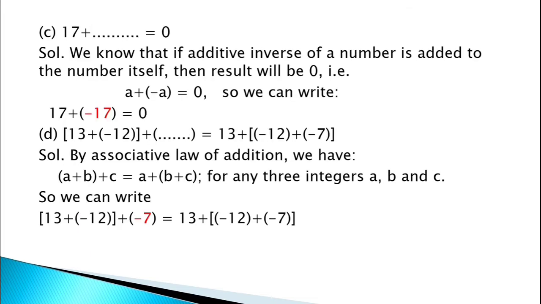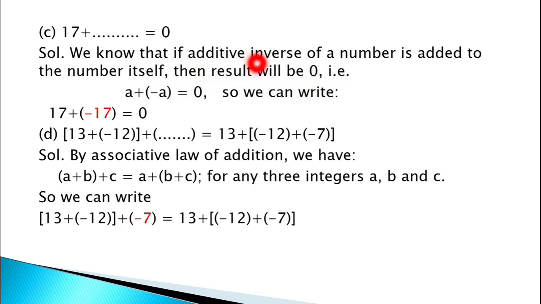Now in part C, it is given 17 plus a blank and the result is 0. It means in this blank we have to add such an integer which cancels out the given integer 17, and such an integer is known as the additive inverse, because if the additive inverse of a number is added to the number itself, then the result will be 0.